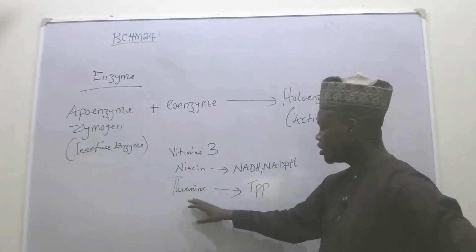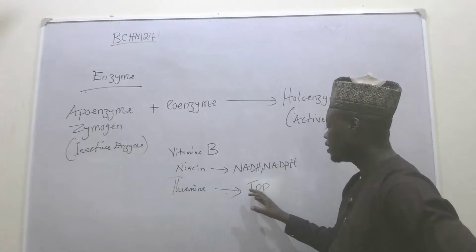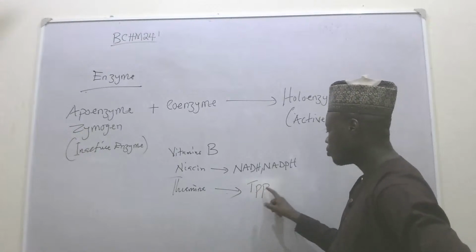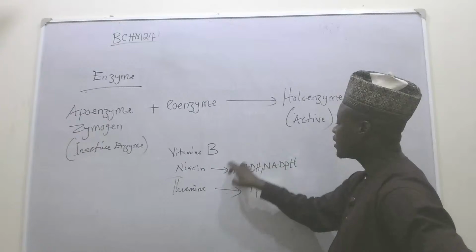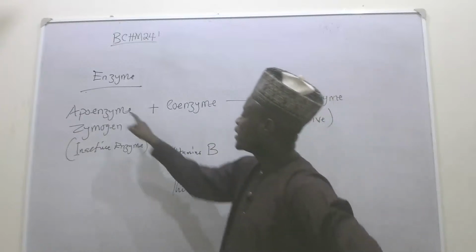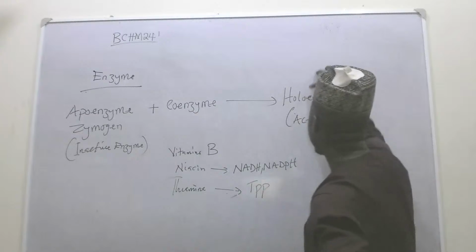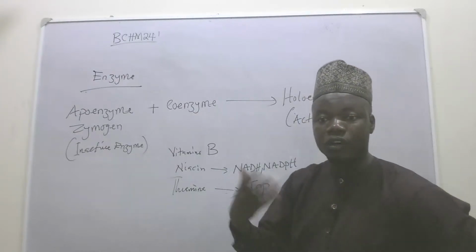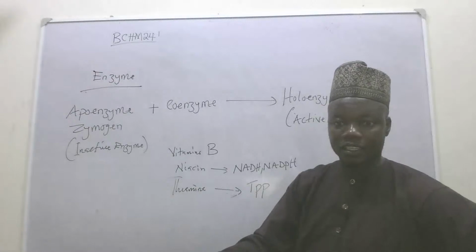We have thiamine, which can give TPP, that is thiamine pyrophosphate. So these are the coenzymes required by the enzymes for them to become active holoenzymes, which can be used for catalysis.